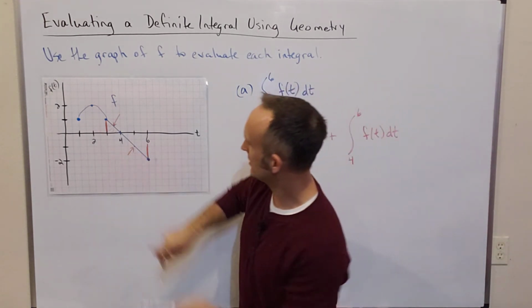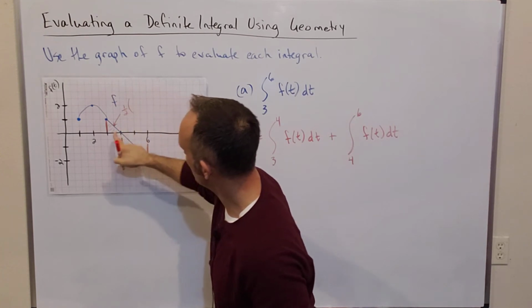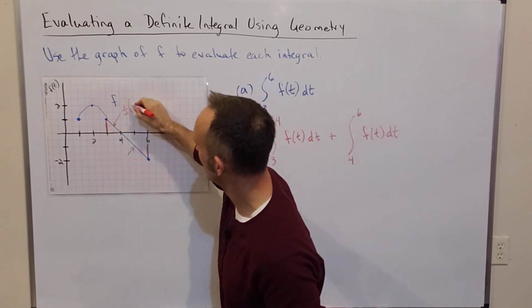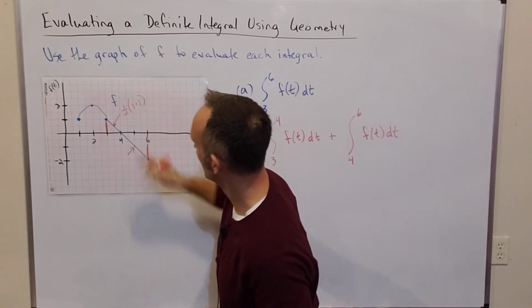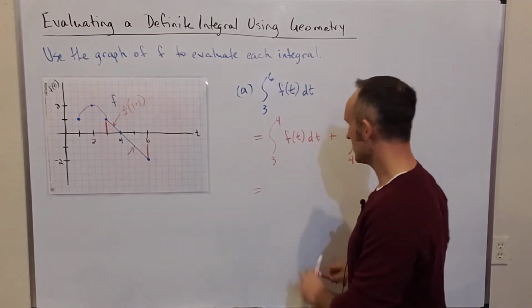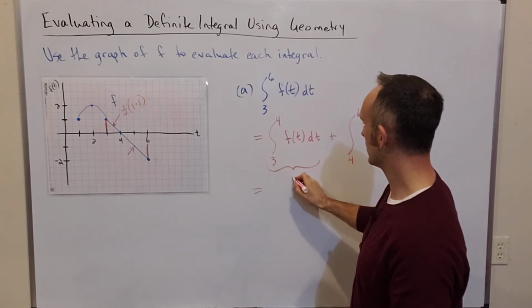So we've got the area of a triangle is 1/2 times the base length, which is 1, times the height, which is also 1. So that definite integral is just 1/2.